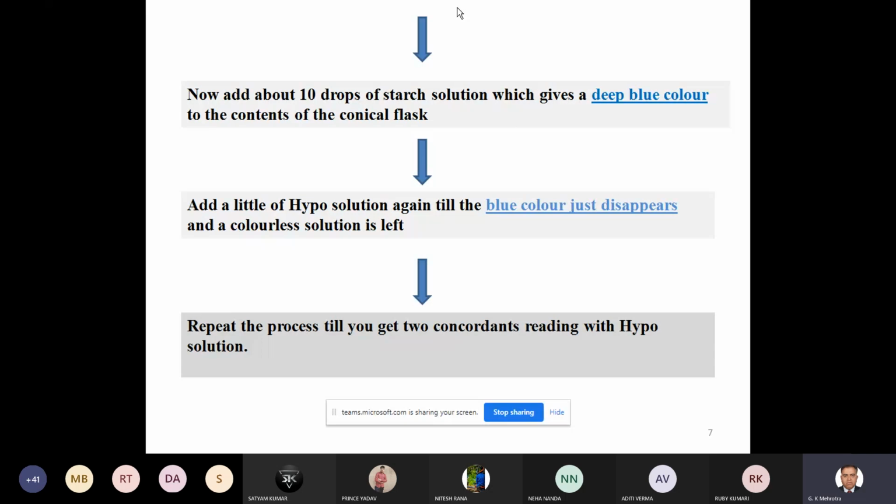Concordant means consecutive, but if it is not consecutive, you can take any 2 readings which are the same. Remember. So this is about the reading. Whatever reading you get, you will use in calculation, and calculation is the two.